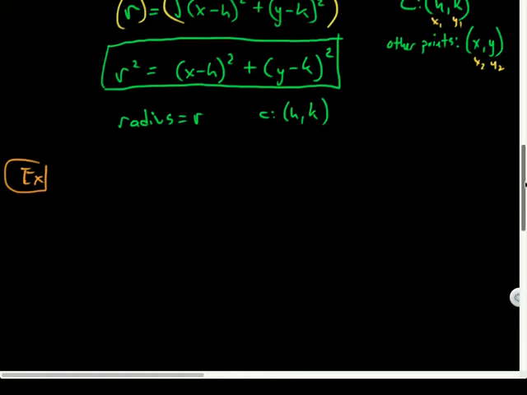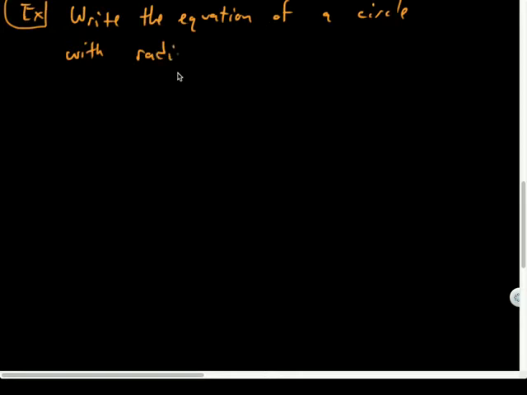Example A. Write the equation of a circle with, let's say, radius 2 and center -1, 3.